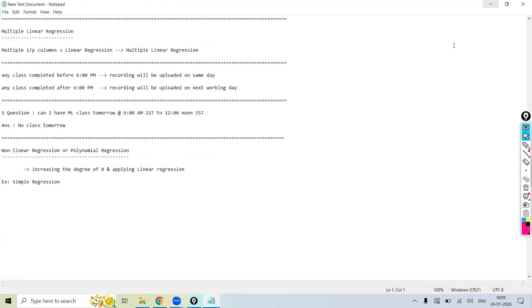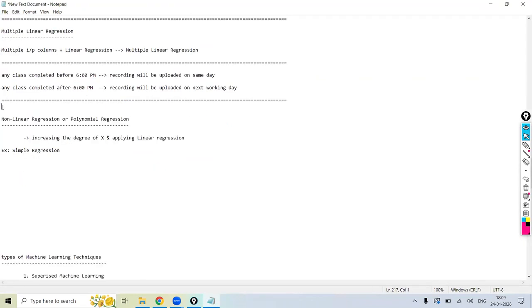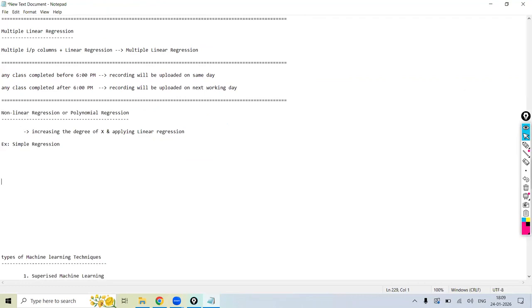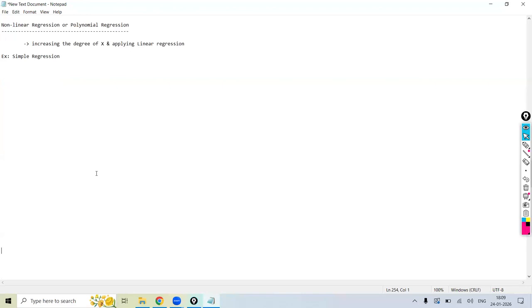Now in today's class, we are going to discuss the next topic related to ML: non-linear regression in detail, and also one of the most important topics, overfitting and underfitting problems. What are those? All these things we are going to discuss in detail.